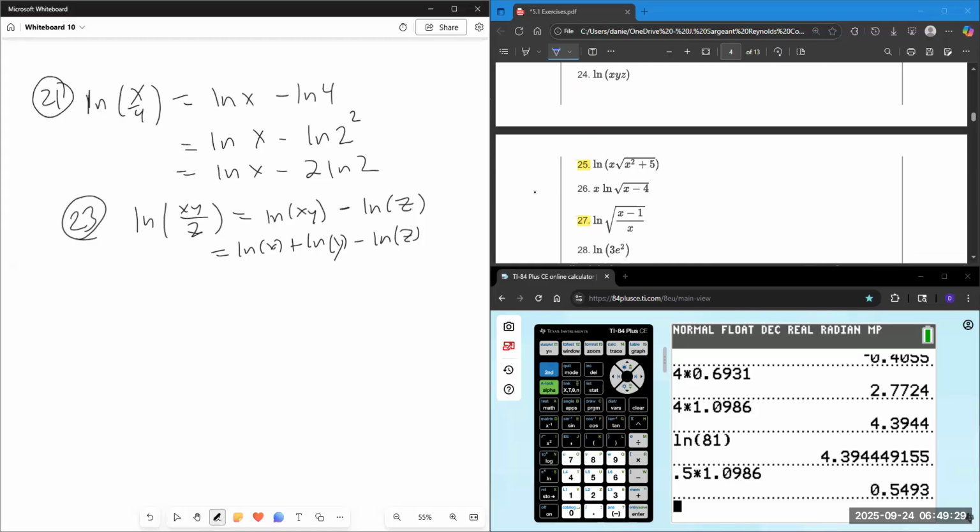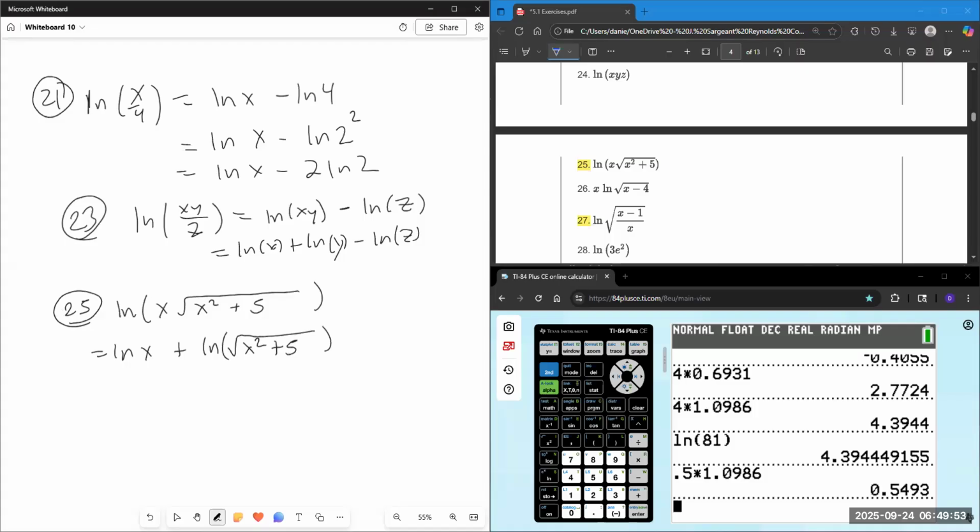For 25, we have ln of x times the square root of x squared plus 5, which is going to be ln of x plus ln of the square root of x squared plus 5.